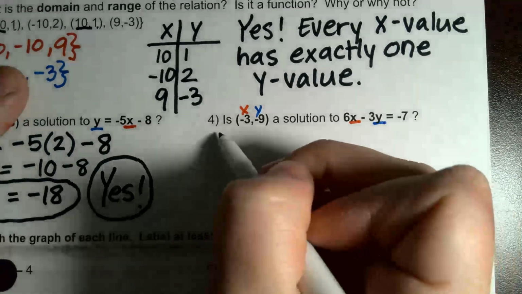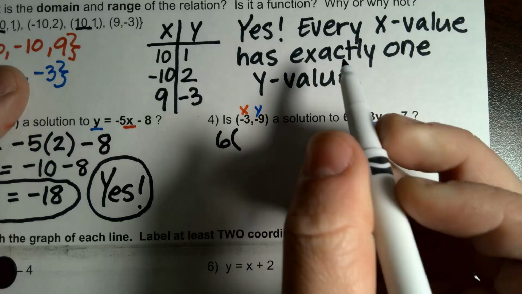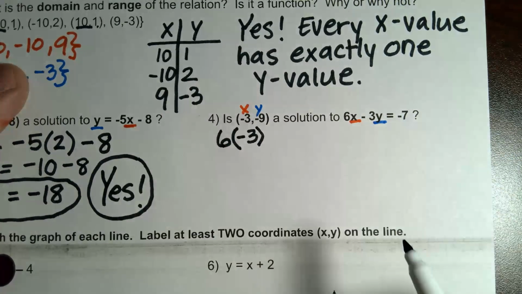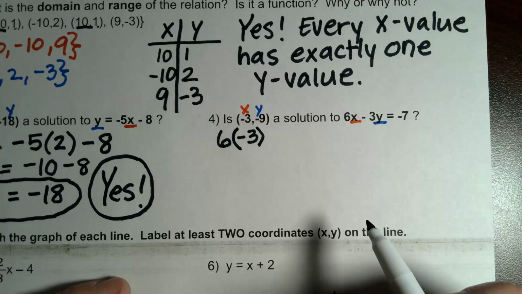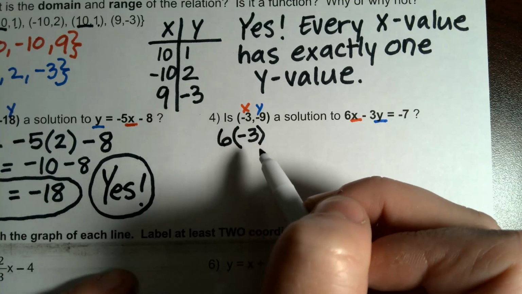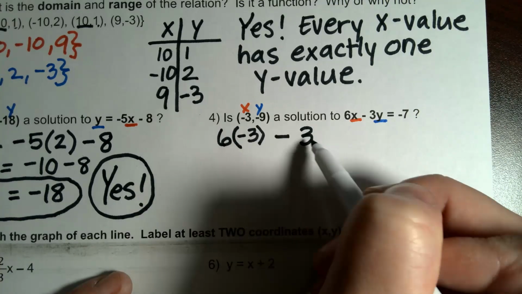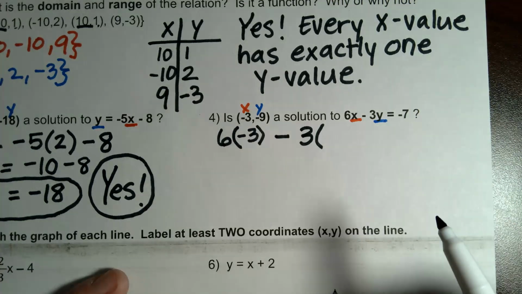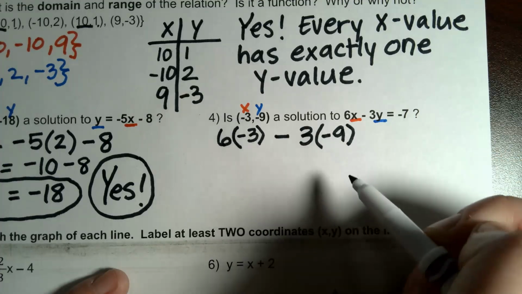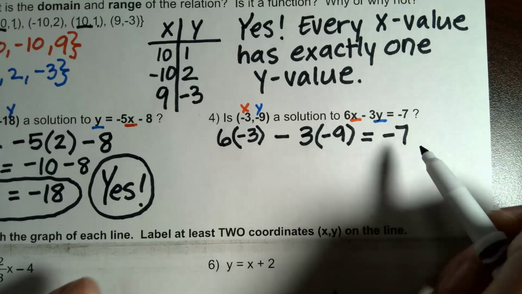So I have 6 times x. What is x? Negative 3. Do not lose your negative signs. We have to be really careful. So 6 times negative 3 minus 3 times, what's y? Negative 9, equals negative 7.